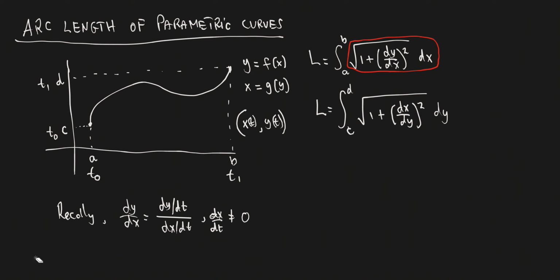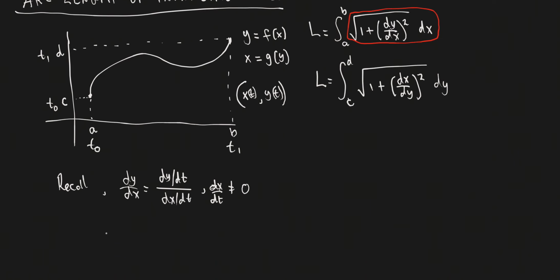It's just recall. So we have this formula. Let's just go ahead and plug that fraction in for dy/dx, and see what happens when we do this sort of a conversion.